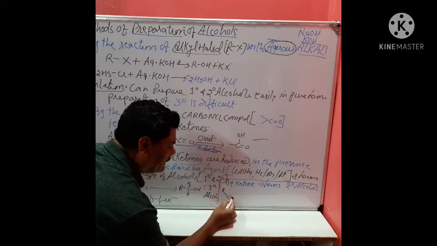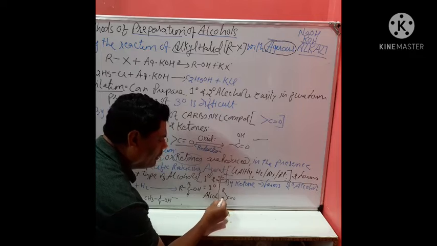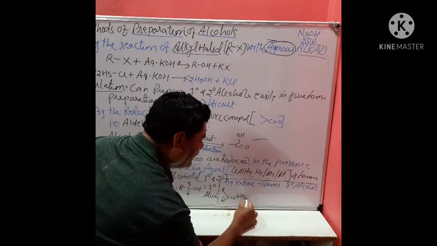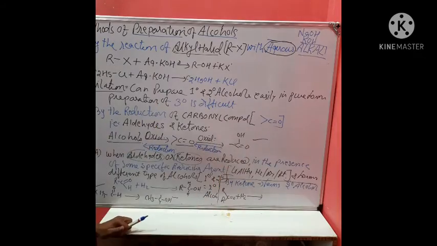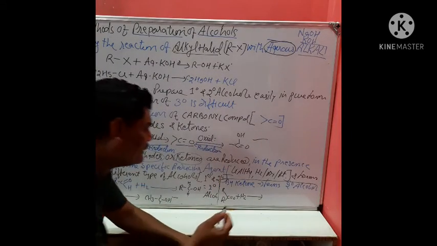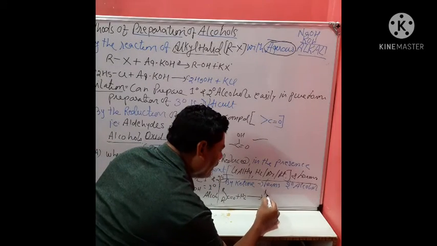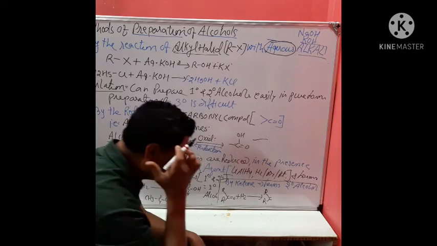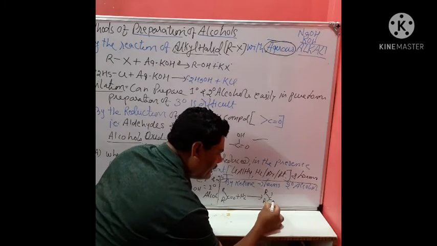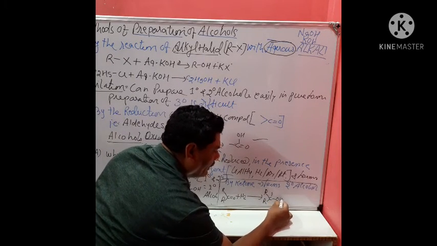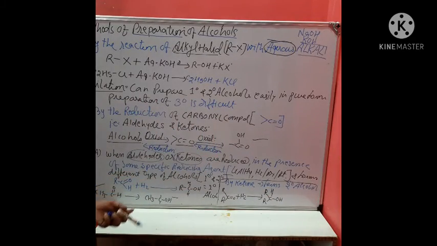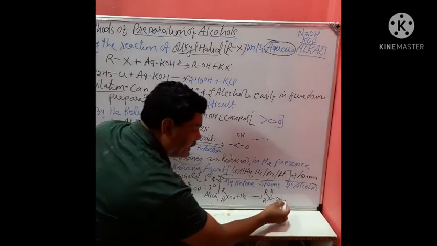Now we have to change the ketone. R, C double bond O, R plus H2 in the presence of this specific reducing agent forms R, R, CHOH, that is, it gives secondary alcohol.